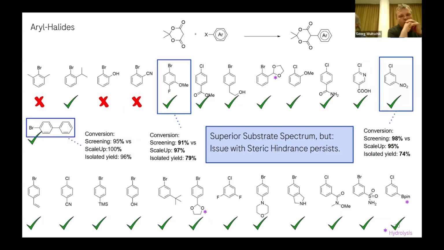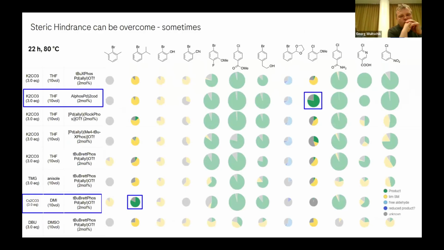This is actually how the plate looks for that one. So here, these ortho substituents, sometimes you can overcome these issues. So it doesn't mean, oh, ortho substituent, this is not going to work anyhow. If you find the right conditions, you make this reaction work. And I find it really astonishing to see how different the conditions are.